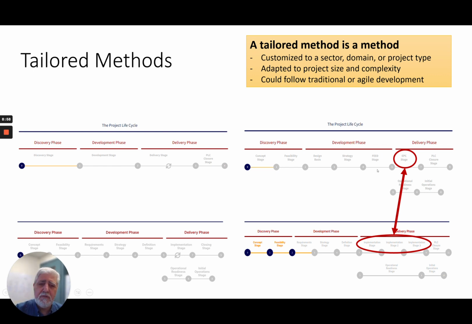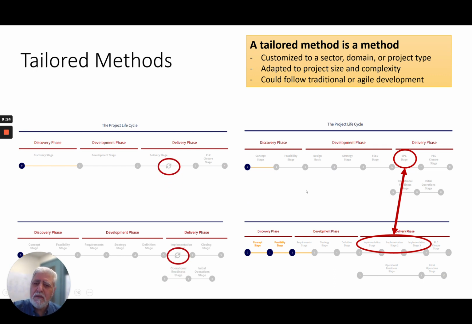In infrastructure projects, this could be called preliminary engineering stage. And in software development, it might be called a product plan or product roadmap, whatever the case might be. We can adjust the names and we can adjust the number of stages, and as a result of that, we can also adjust the number of gates.